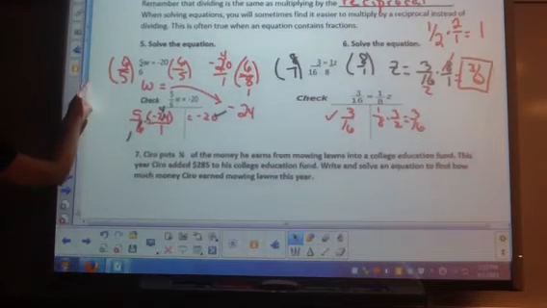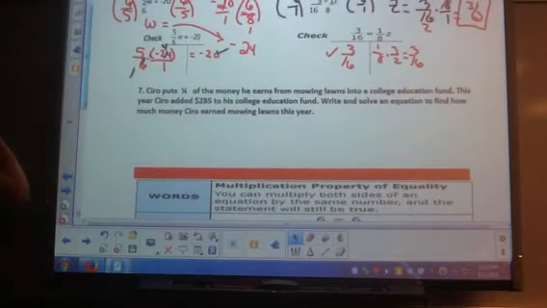Okay, so we got a word problem here. I want y'all to read the word problem to yourself and go ahead and underline key information as you're reading it.